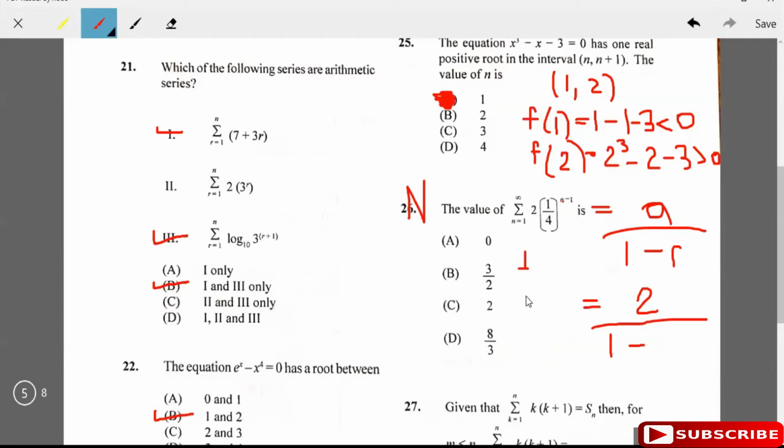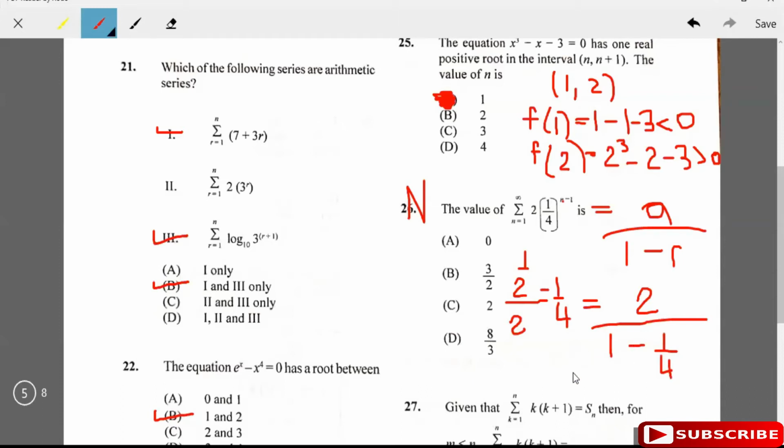A half divided by the first term. The first term is when n is 1: 1 minus 1 is 0, a quarter to the 0 is 1, 1 times 2 is 2. So what is a half divided by 2? That's a quarter. The common ratio is a quarter.